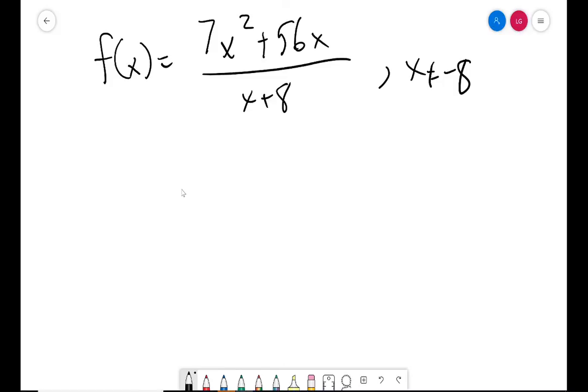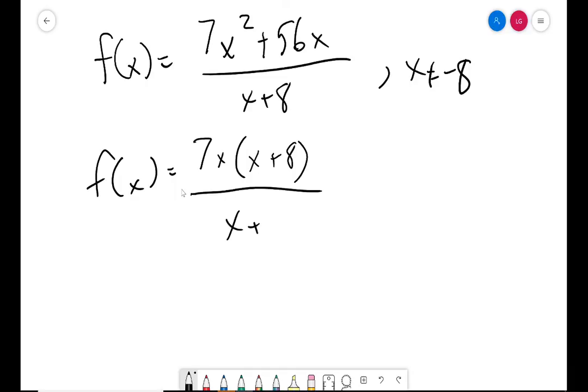So let's see. f of x then equals, let's do some factoring. Well, it looks like 7x can come out. 56 is divisible by 7, and there's certainly an x in common. So we're undoing a distribution, factoring into a pre-distribution form.